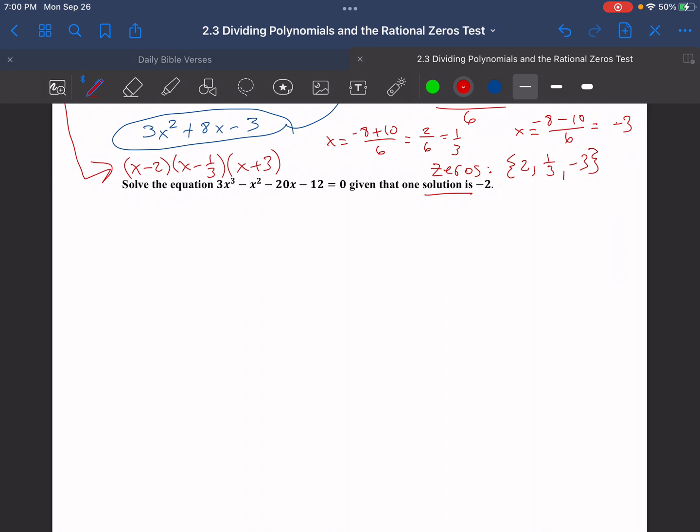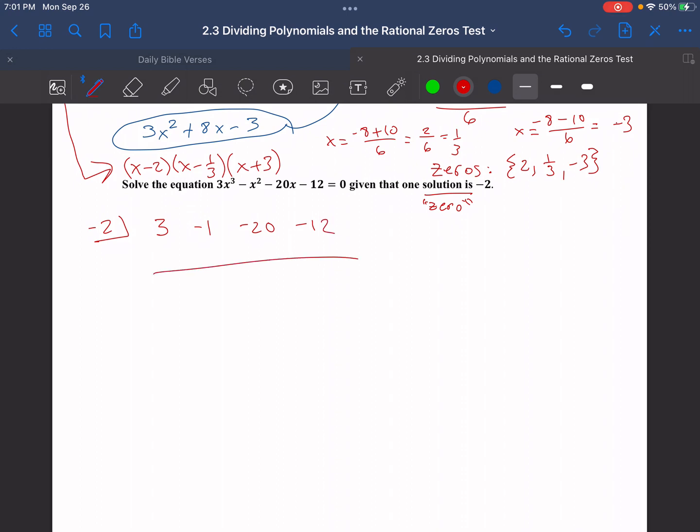Here they're telling us negative 2 is a solution, which means it's a 0. We had that page that told us all about that. So it's not a factor of negative 2, it's a solution of negative 2, it's a 0. So we put negative 2, and we'd write our coefficients, 3, negative 1, negative 20, negative 12.